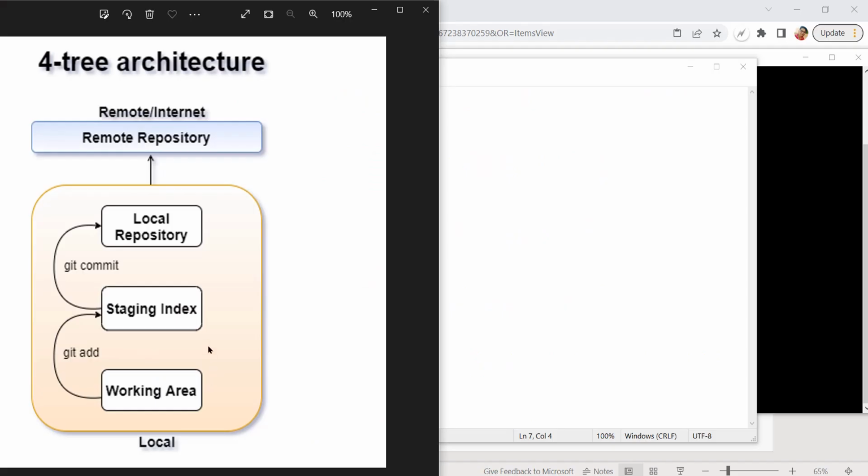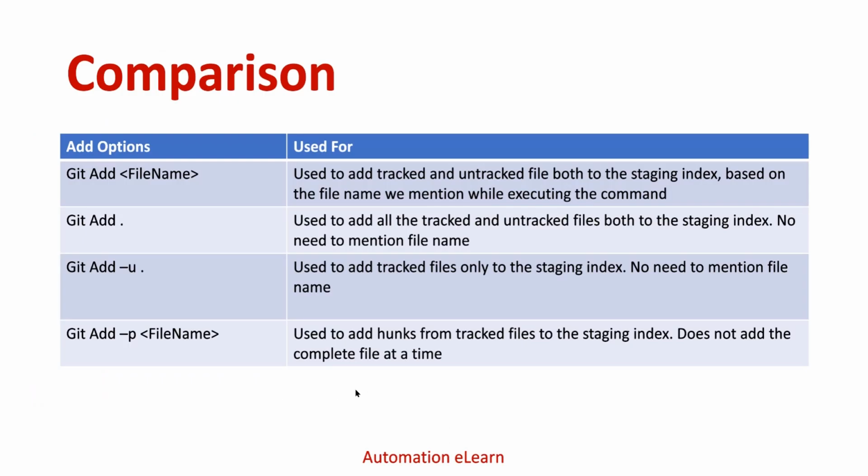So guys, these were the 4 different ways to add the changes to the Git staging area. To summarize all these 4 options, I have made a table here with the command and what it is used for. So first option was git add file name. It will add the file from the working area to the staging index. Let it be a tracked file or untracked file, it doesn't matter.